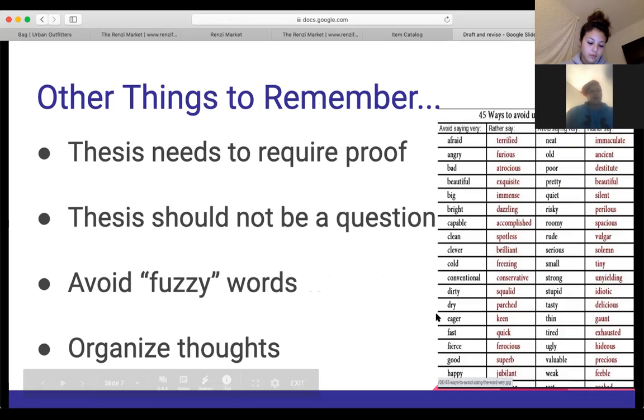Some other things to remember is that the thesis needs to require proof throughout the writing so that there's more of an explanation as to why the thesis would be one to agree with. Your thesis should not be a question, however it can answer a question.